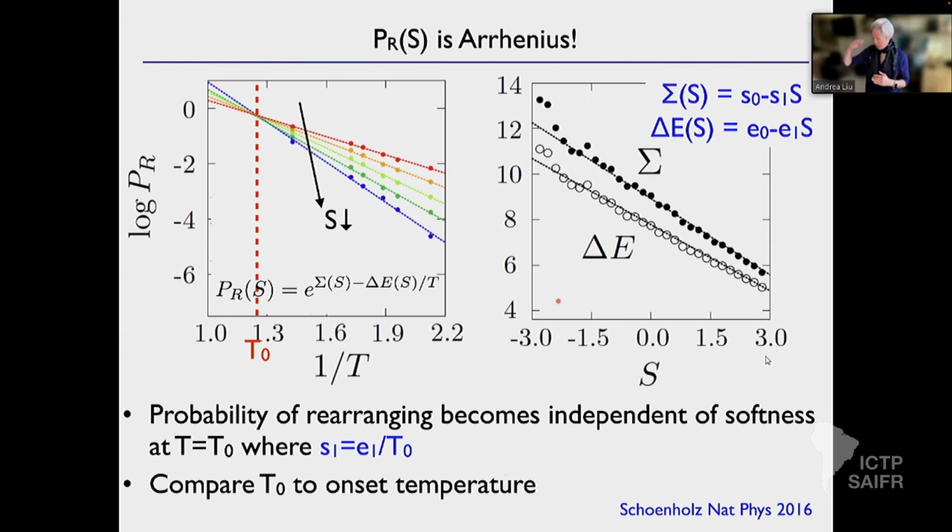If you go down in temperature, first you hit the onset temperature, then you hit the mode coupling temperature, then you hit the dynamical glass transition. And then the Kauzmann temperature is way below that. So there are other relevant temperatures that people talk about in the theory of glasses, and the onset temperature is one of them.